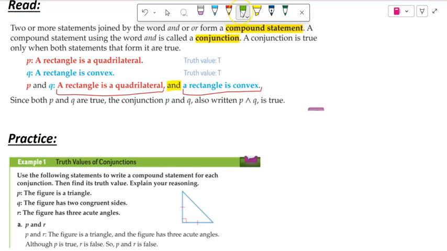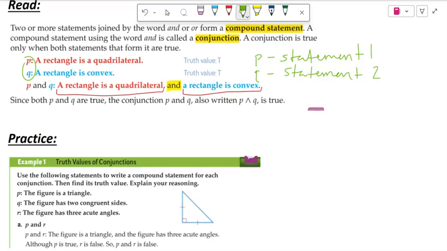Okay? So here we are with the two letters now, P and Q. You can literally just think of P as statement 1. Okay? And Q as statement 2. So the letters don't have any meaning in terms of the statement itself.